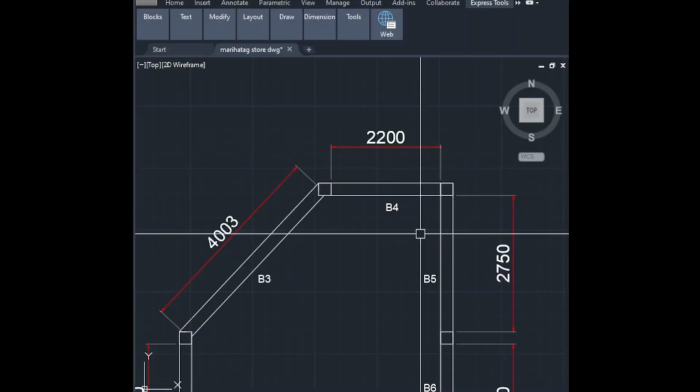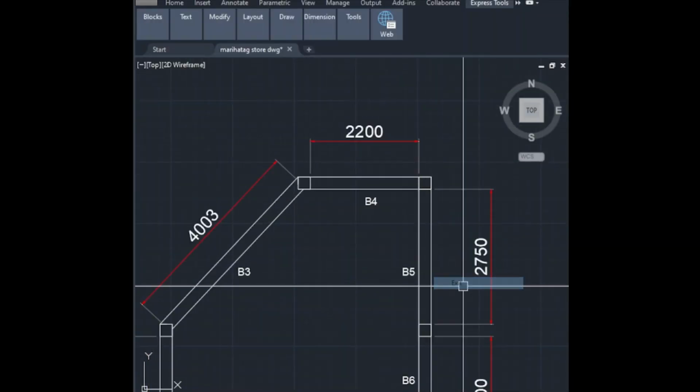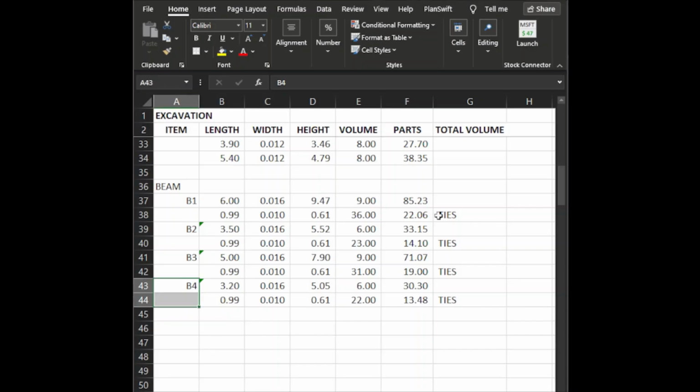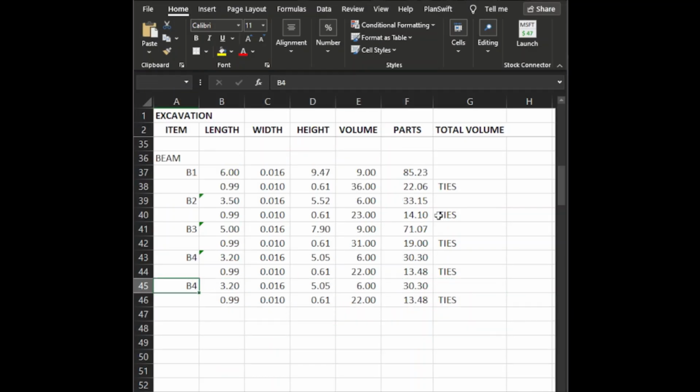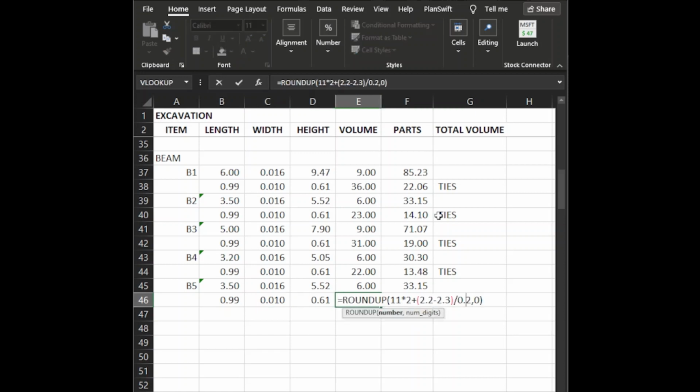So for B5, 2.75. Okay, we'll put that one here, B5, and 6 number of bars, 2.5 this one, then this one 2.5.